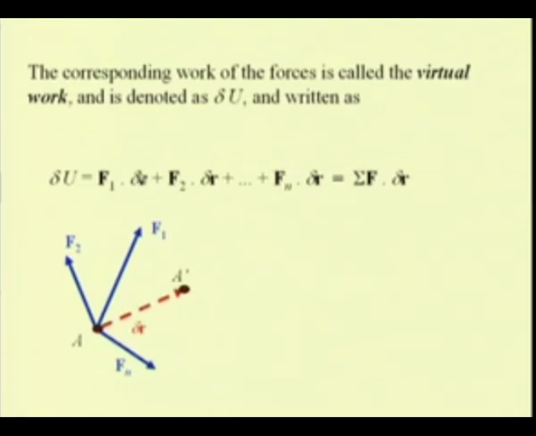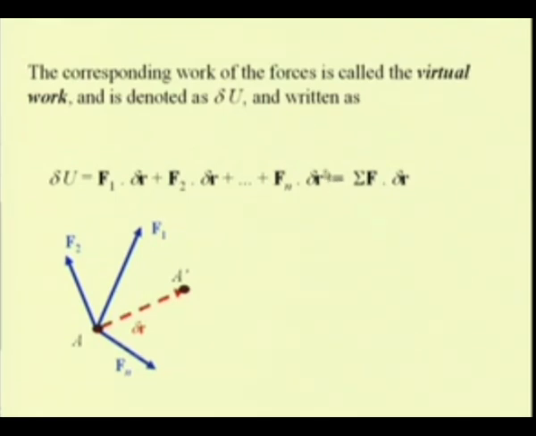And since we have delta r as the common term, we can write this as the sum of all these forces, that is sigma F, which is nothing but the resultant of all these forces, dot delta r.